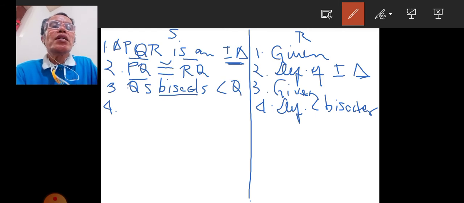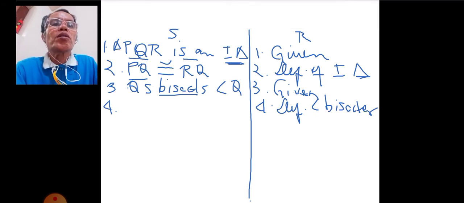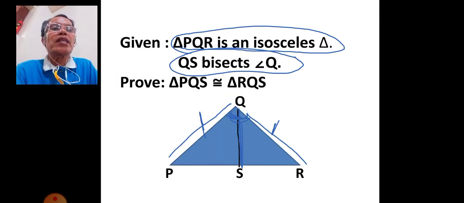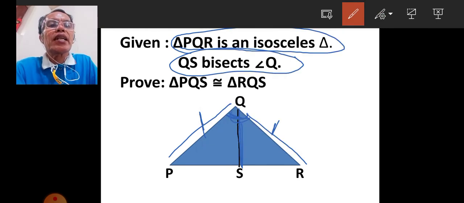What is the role of the angle bisector? It divides the angle into two congruent angles. So in your statement number 4, you are going to state the two angles being bisected by the angle bisector, and they must be congruent. So what are those angles? PQS and RQS must be congruent.